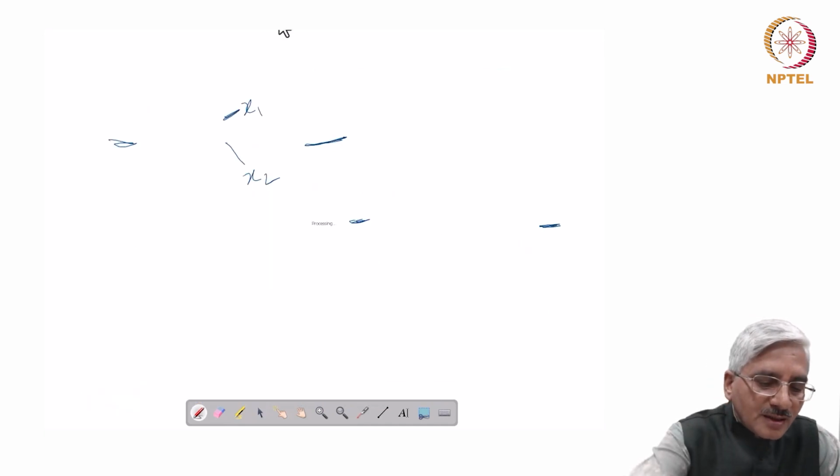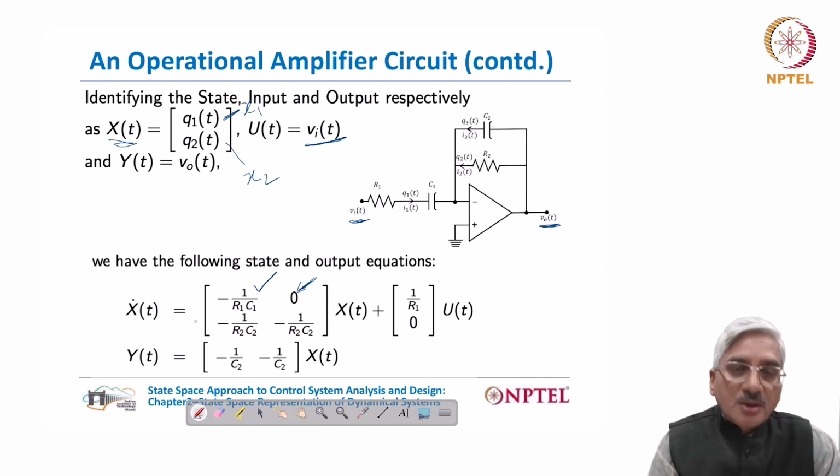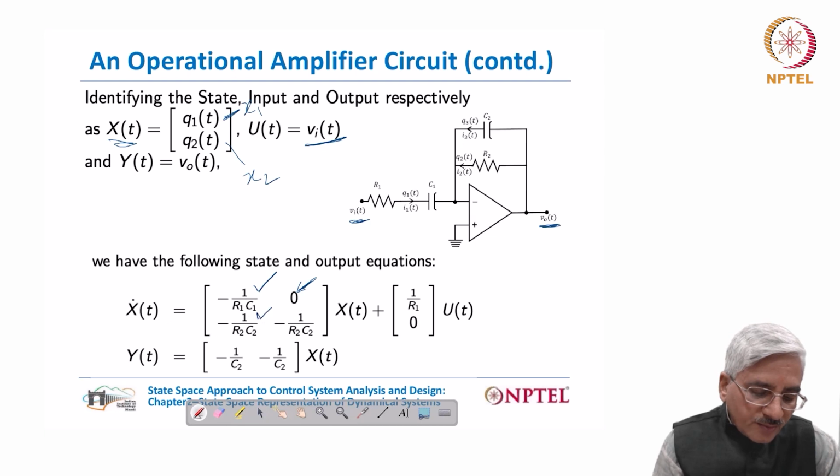And when these are written in the matrix form, then we have x1 dot equal to minus 1 by R1 C1 x1, so that gives the element a11 as minus 1 by R1 C1. x1 did not contain a term of x2, so we have 0 here. The second differential equation, x2 dot, was minus 1 by R2 C2 into x1, so we have this coefficient as minus 1 by R2 C2.